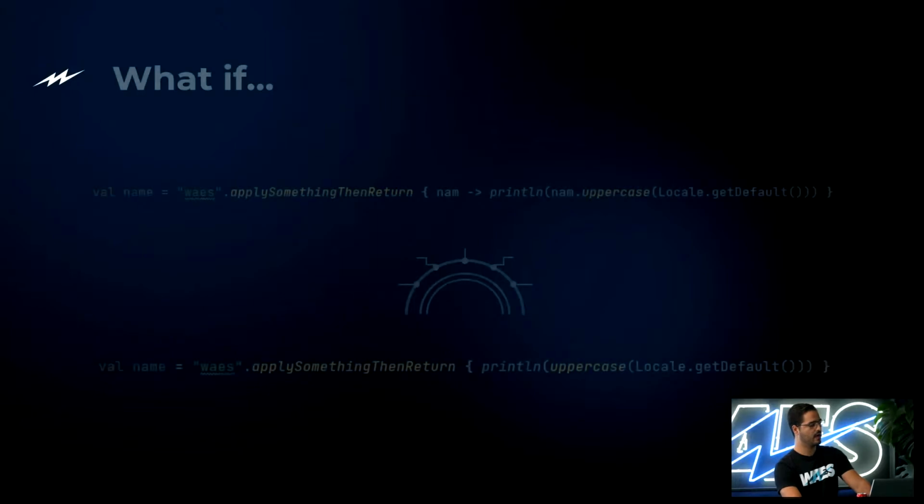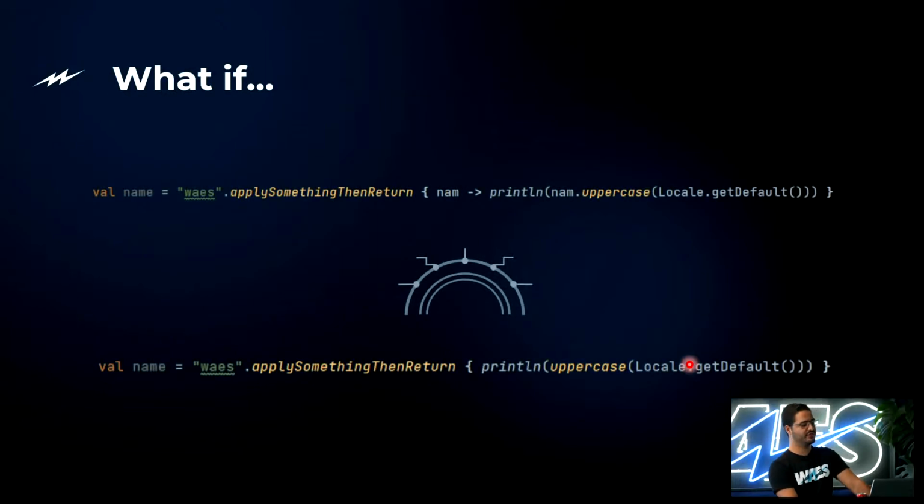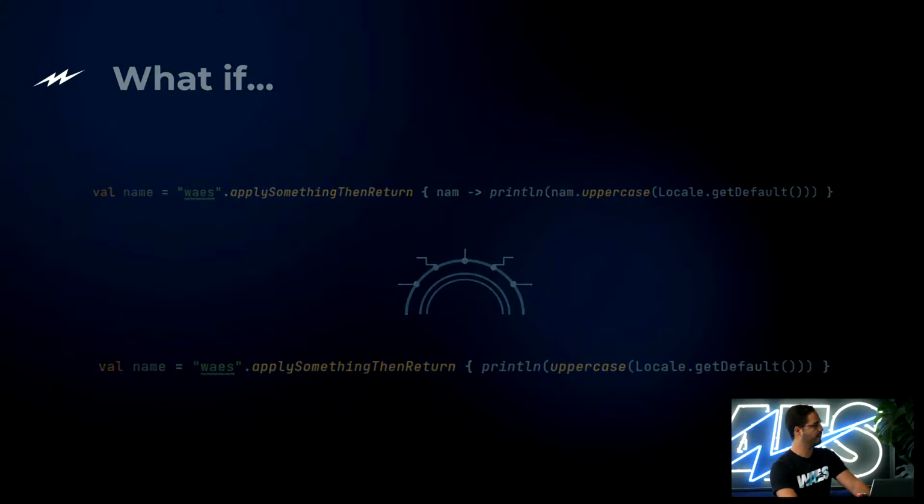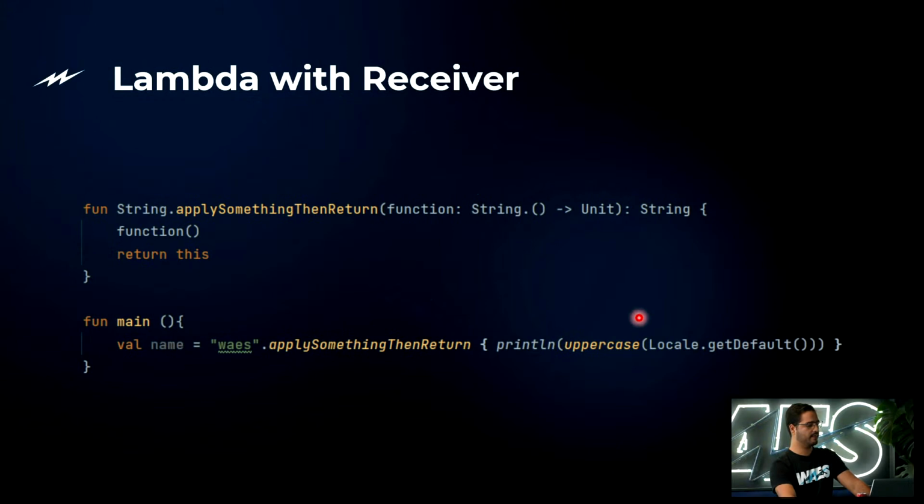Okay. What if I want to make it more readable for humans? Removing the invocations. So I can do this because with lambda with receiver, we can make the context more understandable. So even a function being passed as a parameter can be an extension of a string.